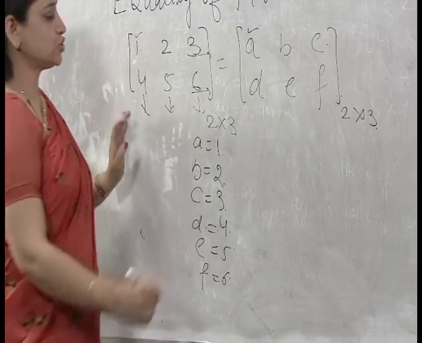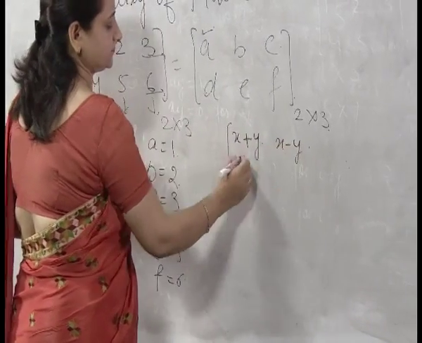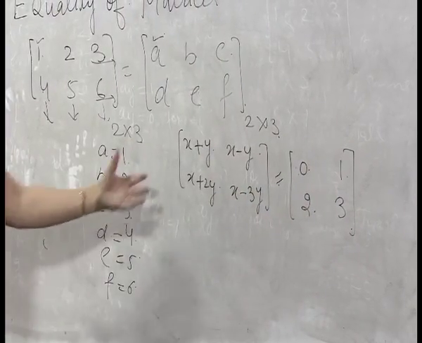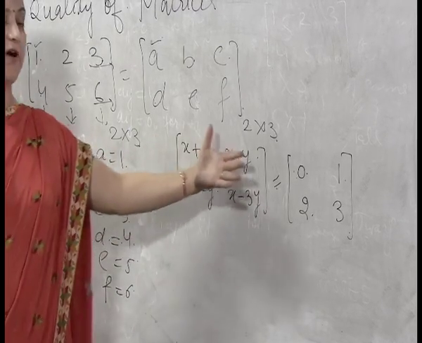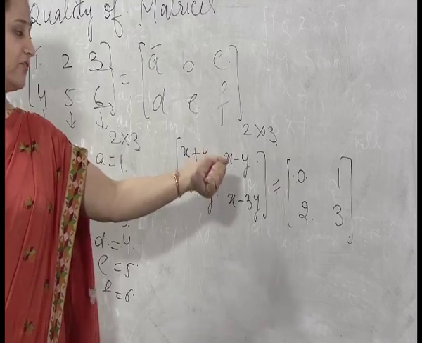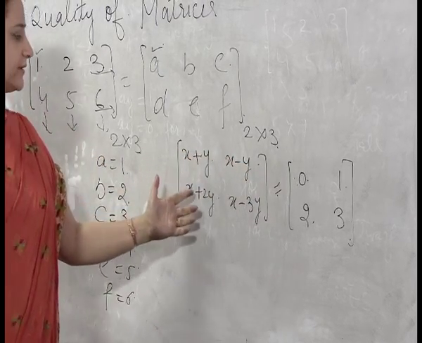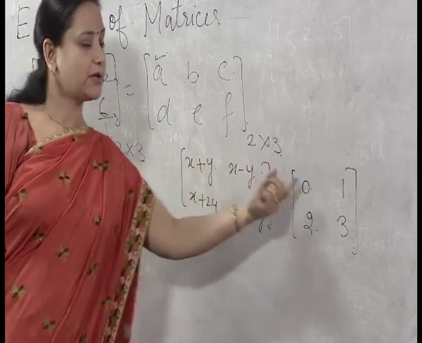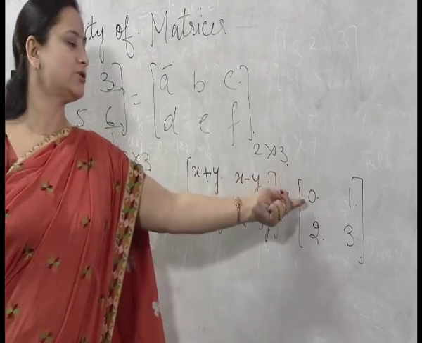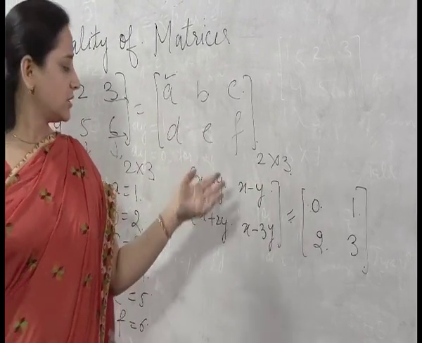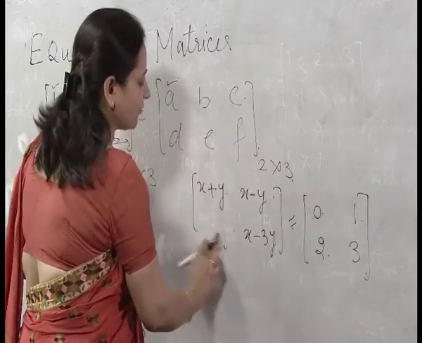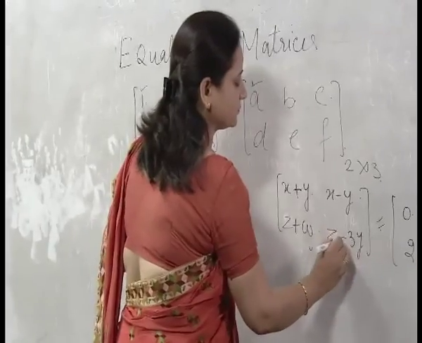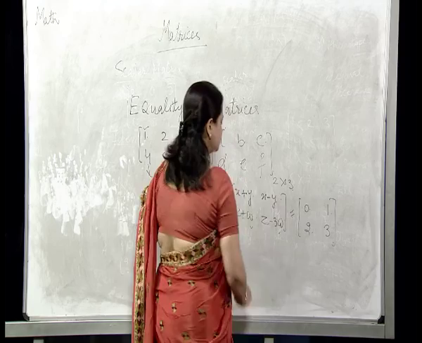If you are given two matrices, you can find the values of x and y from the equation. Like x plus y is equal to 0, you can see this element is equal to this element. So x plus y equals 0, and you can find the value of x. You can have different variables also, like z plus w, z minus 3w.